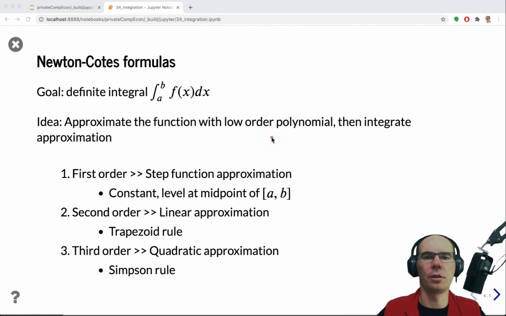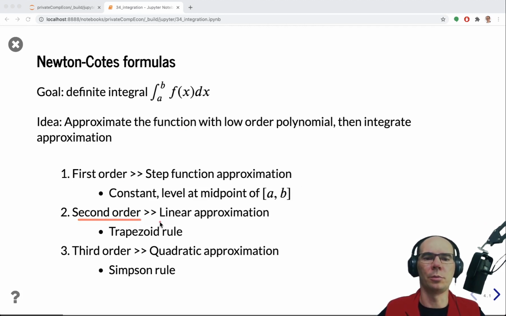And here, depending on the degree of the polynomial, we can have, first, just a constant, 0th degree. The constant could be just at midpoint between a and b, or function values of a and b. So, instead of integrating our function of interest, we just take a square of the rectangle. And that's, of course, a very crude approximation.